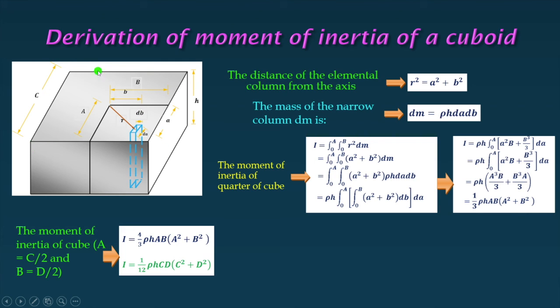The total dimension of the cuboid is C here, and the other dimension is capital D. So the total is 4 times this quarter. The mass moment of inertia of the total cuboid is 4 times that of this quarter, so you are multiplying by 4.